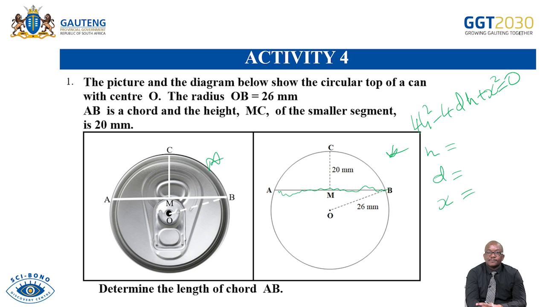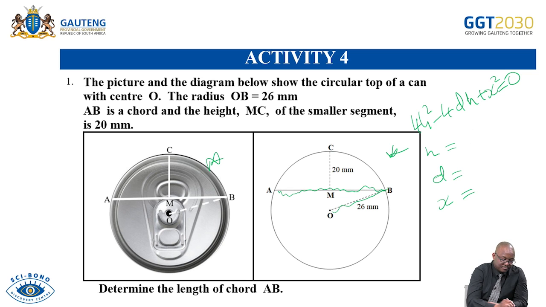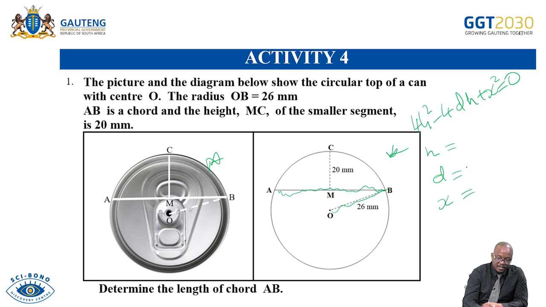In this case, we are given OB. OB is a radius, good people. And for us to get a diameter, we know what we must do with our radius. Radius is 26. You multiply it by 2, you will get 52.